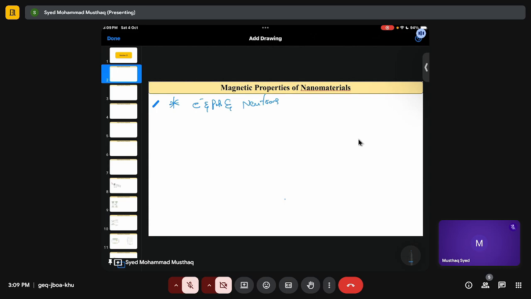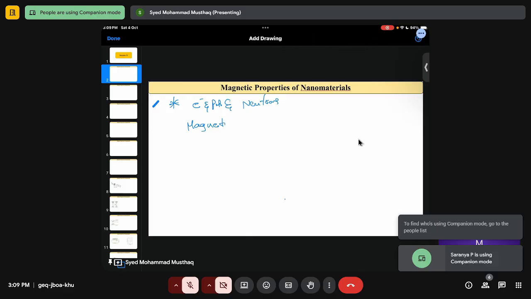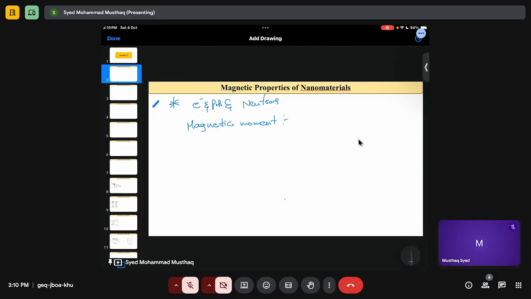Now how do we define it? We define it as magnetic moment from electron. If I say magnetic moment is coming from an electron, then it is coming from two parts.